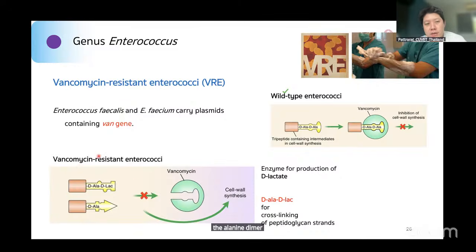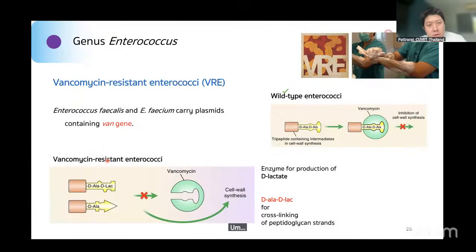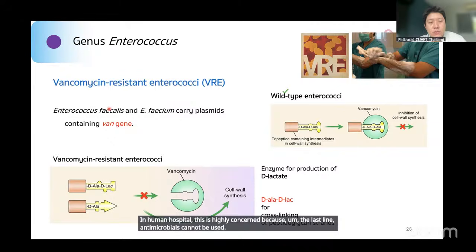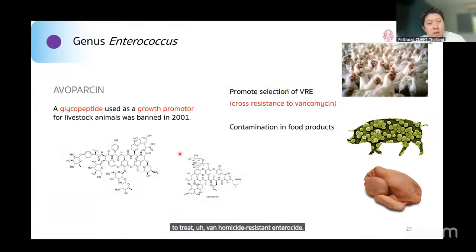So VRE can continue peptidoglycan or cell wall synthesis in the presence of vancomycin, resulting in vancomycin resistance. In human hospitals, this is highly concerning because the last line antimicrobials cannot be used to treat vancomycin resistant enterococci.